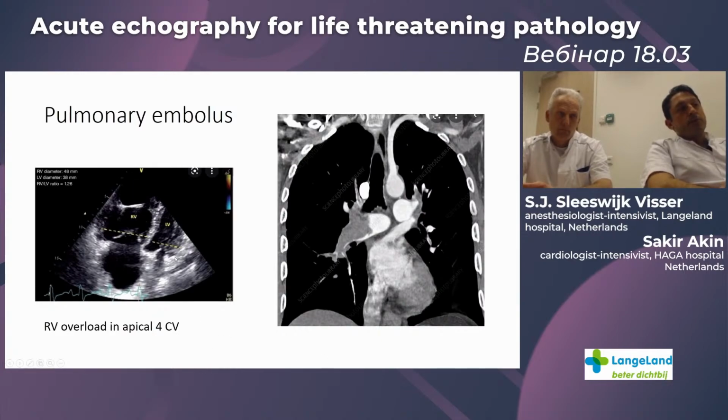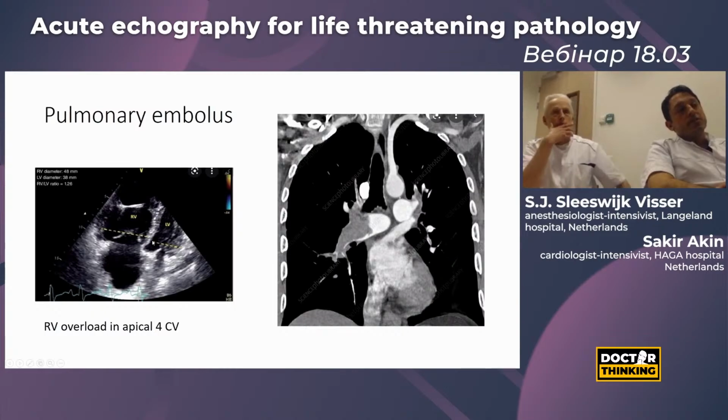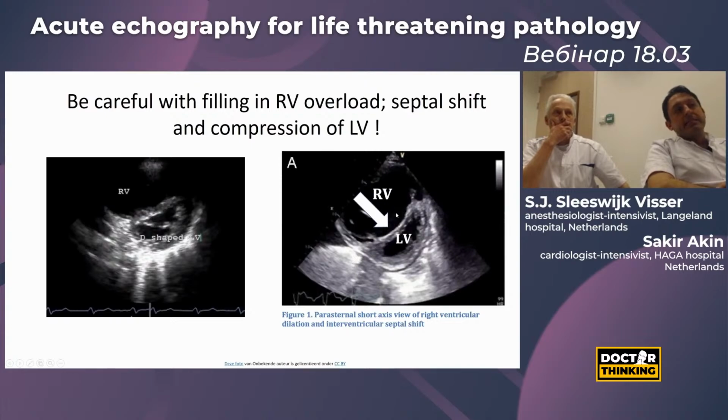What we see here also is the moderator band, very obvious in the right ventricle, which you see with enlargement of the right ventricle and the pressure overload, which increases the ratio of right ventricle to left ventricle size. And this again is the D sign, which is developed by high right-sided pressures.